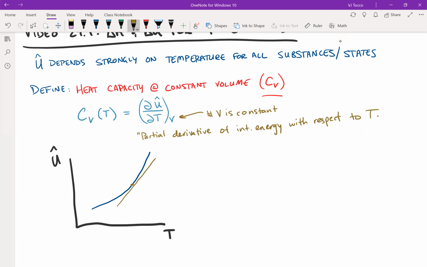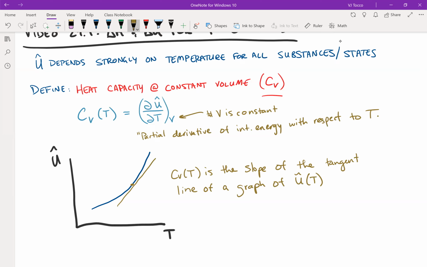If we did know the heat capacity, we would know the slope of this curve. So C_V of T is the slope of the tangent line of a graph of U as a function of T. This line is also supposed to be touching the curve, by the way. It's hard to do that on the tablet.